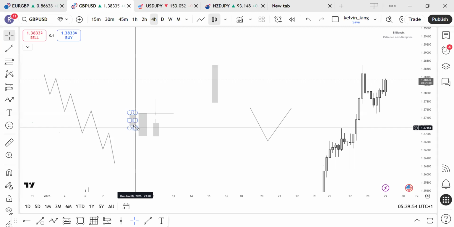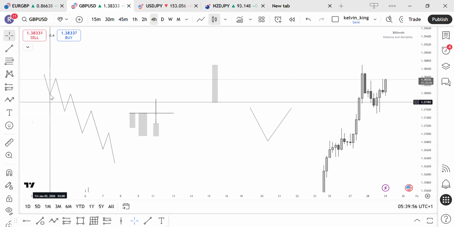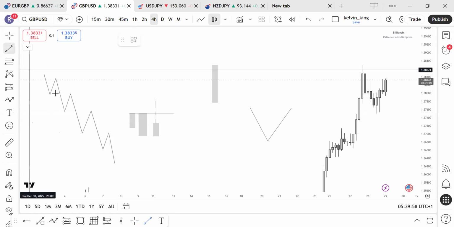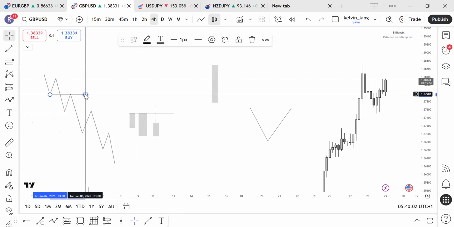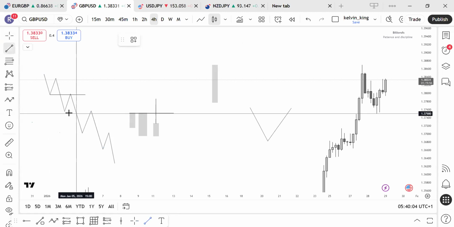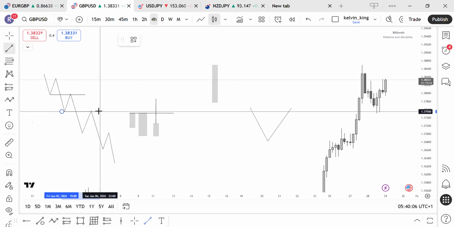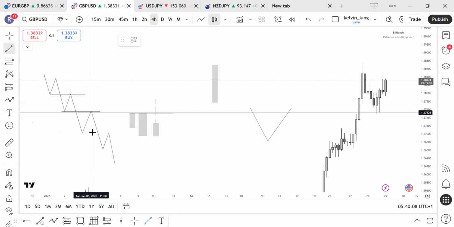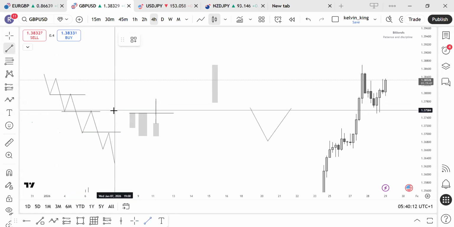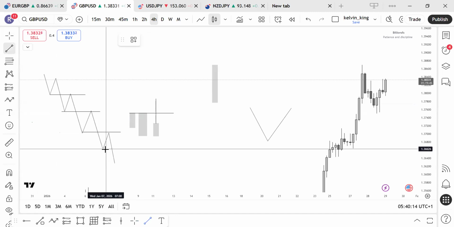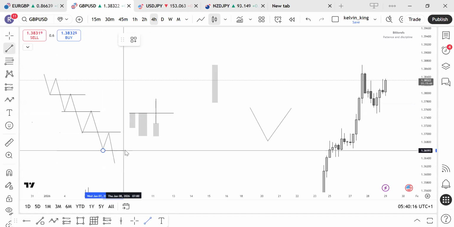Is that clear? Now, all these BOS you see here, all this is a breakout. This is the most recent breakout to the downside. Breakout to the downside. Breakout to the downside. And then breakout to the downside.